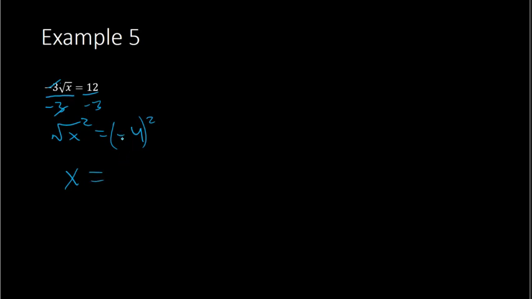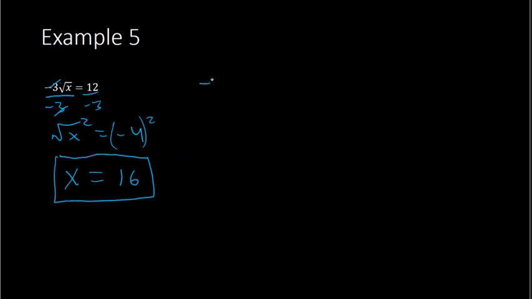On the right side, just be careful that you square the whole number of negative 4. All right, so you're not squaring just the 4, you're squaring the negative and the 4. So negative 4 squared is negative 4 times negative 4, which is a positive 16. So my solution is x equals 16.